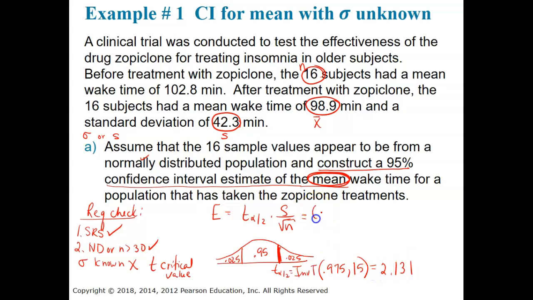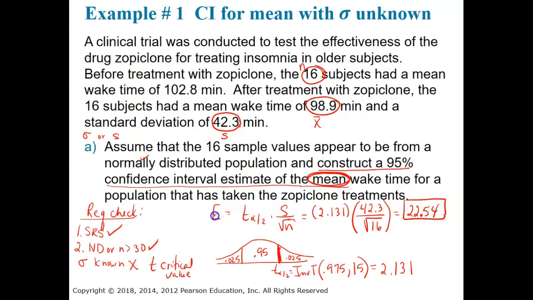So this will be 2.131. My S was 42.3 divided by the square root of N. N was 16. So my margin of error is 22.54. The margin of error looks a little bit different on these problems. It may be a little bigger value than what you had dealt with in the previous problems. Okay, so this is the first part of what we've got to find.